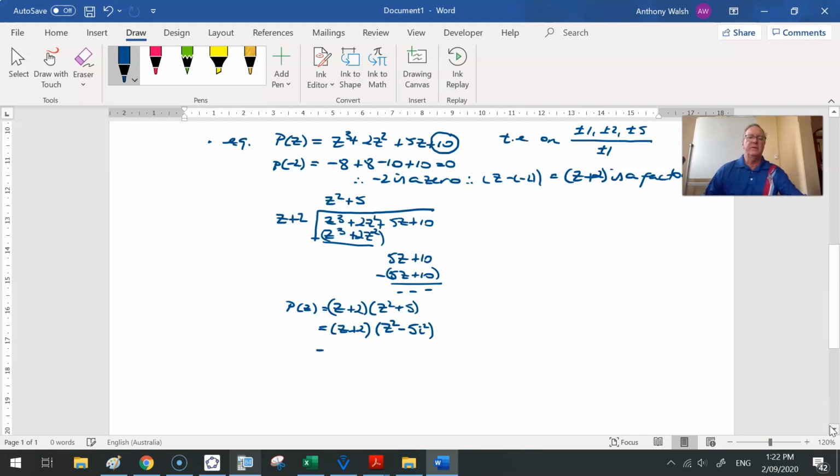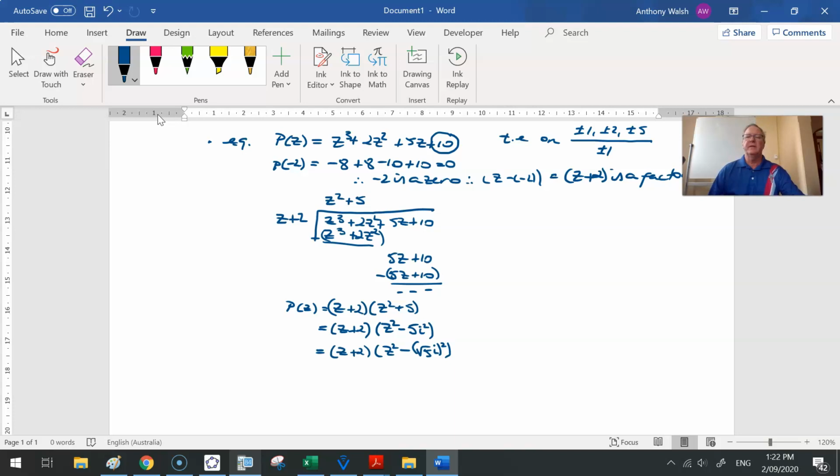I could be even a little more tricky and say that that 5 there, I could change that 5 into the square root of 5 squared. In fact, if I take root 5 i and square the whole thing, then I would end up with z squared plus 5.